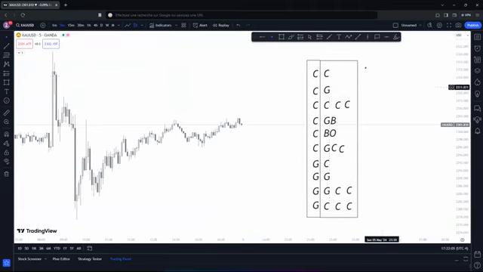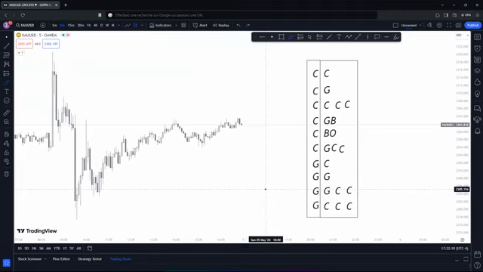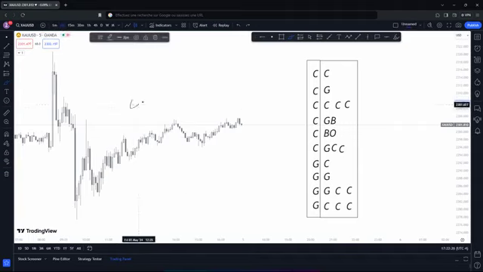Now, I'm showing you these combos, but you can never enter from them instantly. It does not matter if you see an H4 aligning with an H1 equilibrium. That is not enough for you to take an entry. In order to take an entry, you need confirmation. And that confirmation is not going to be on the lower time frame, on M5 or M1, waiting for a certain breakout or a certain pattern to happen.